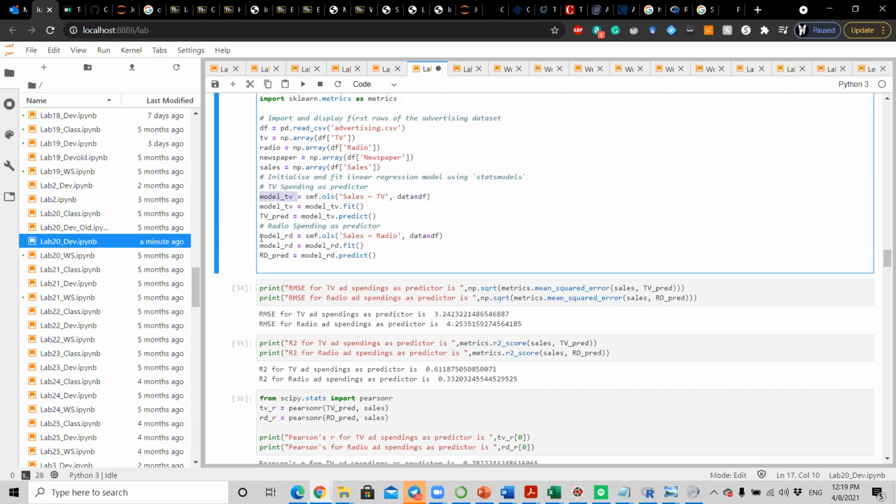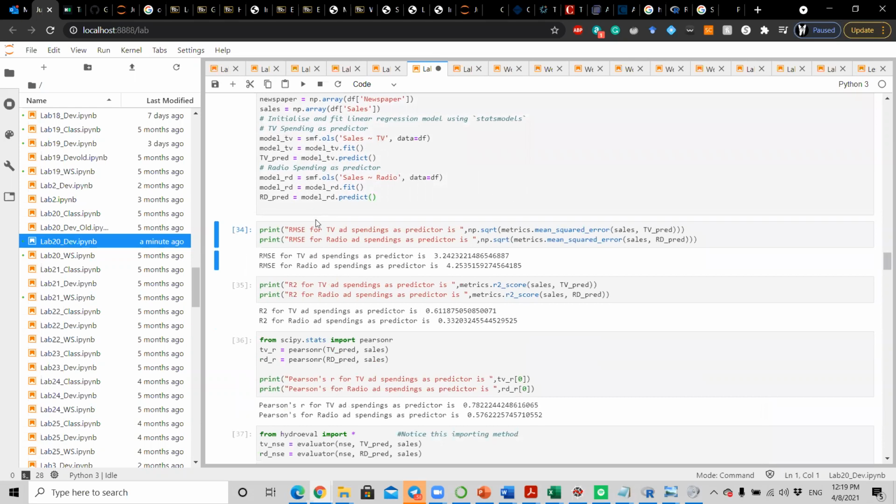Awesome. So I'm naming my first linear regression model, model underline TV. And then the second one, model underline radio. It has the same setup. The only difference is that instead of TV, I'm using radio. And when I run it, now I have predictions based on my first model and predictions based on my second model. I'm going to calculate the RMSE for each model.